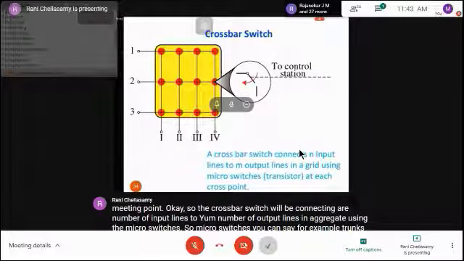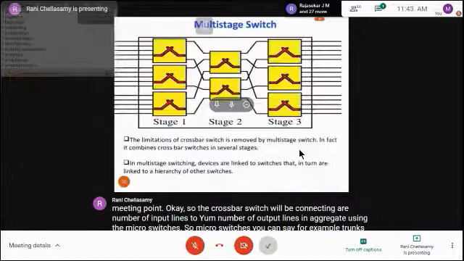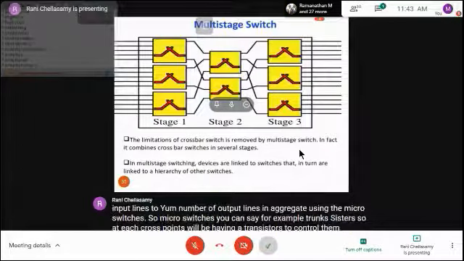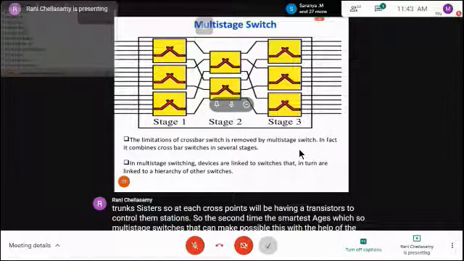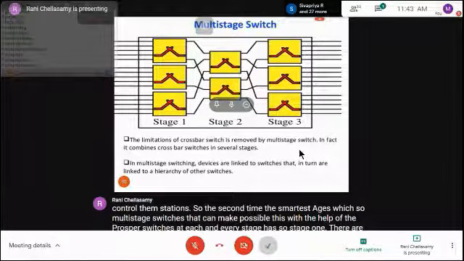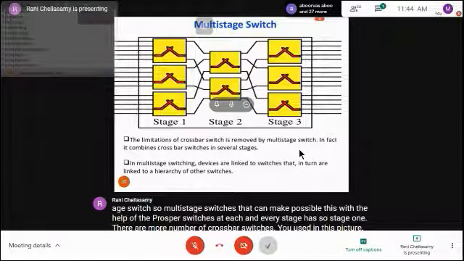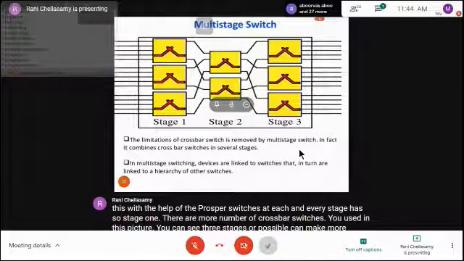The second type is the multi-stage switch. A multi-stage switch is made possible with the help of crossbar switches at each stage. In stage 1, a larger number of crossbar switches are used. In this picture, you can see 3 stages are possible. You can make more stages also with the help of the crossbar switch. The limitation of the crossbar switch is removed by the multi-stage switch.